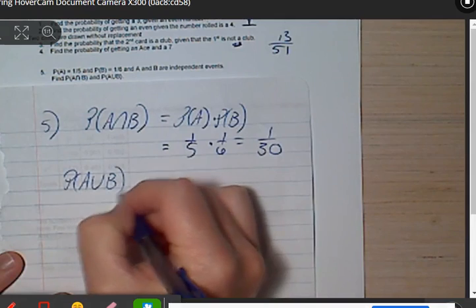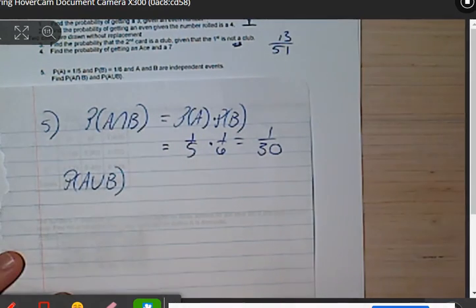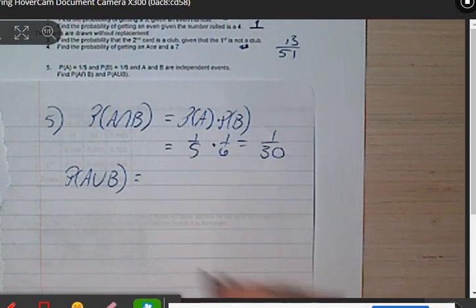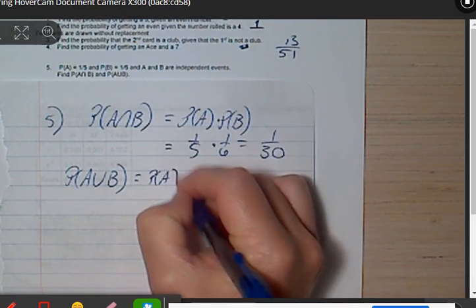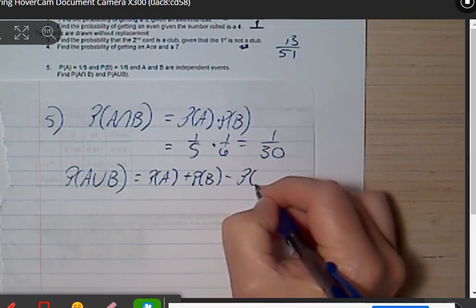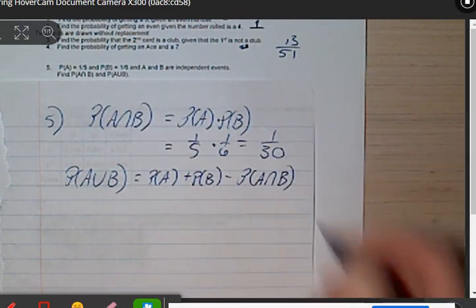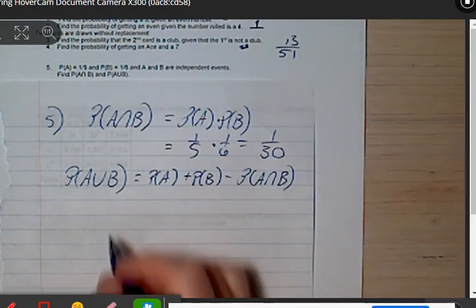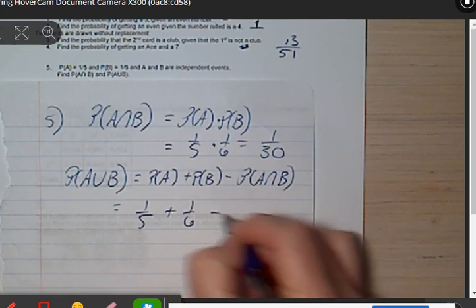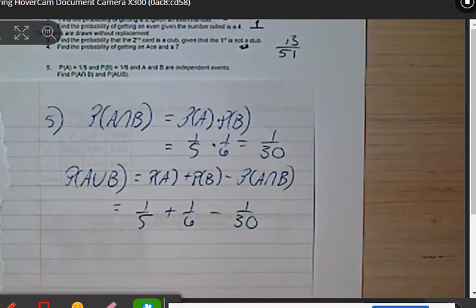Okay, and then for A union B, that's the same formula that we've been using pretty much the whole time here in chapter 8. That's where it's the probability of A plus the probability of B minus the probability of A intersect B. So that's 1/5 plus 1/6 minus 1 out of 30.